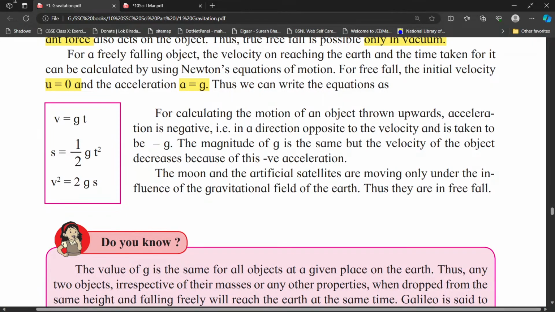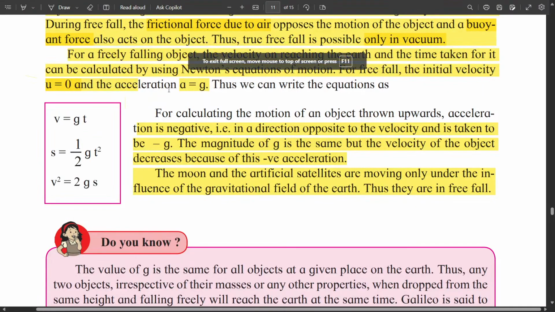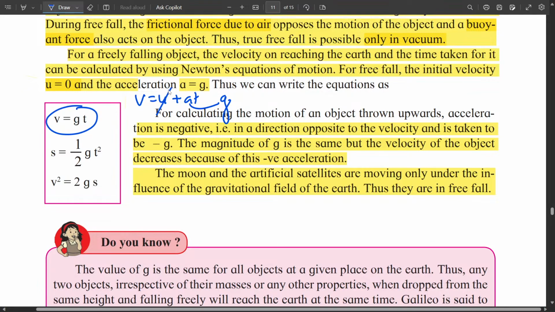Thus, from the equation v equal to u plus at, in which u is 0 and a is g, we get v equal to gt.